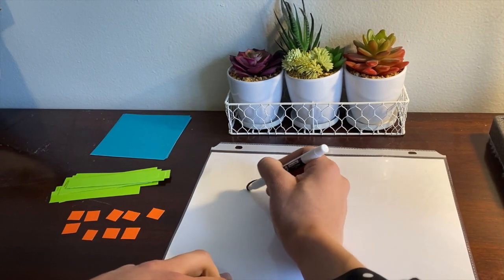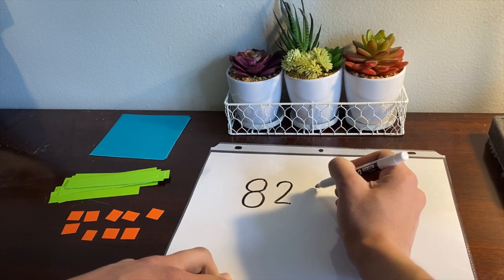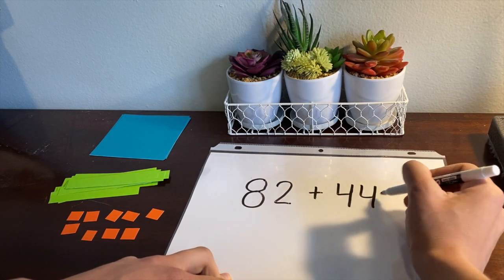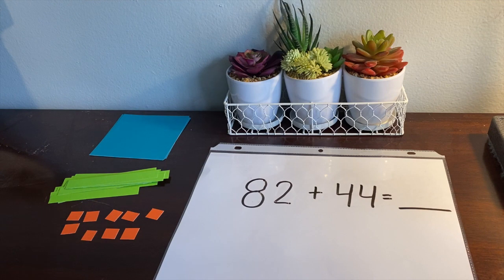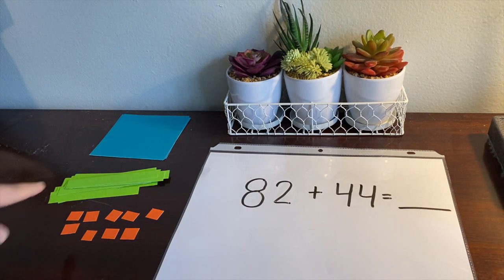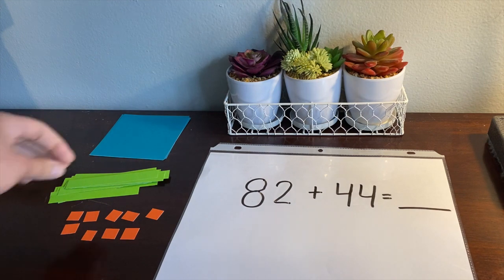Try this one. 82 plus 44. Whoa, I noticed that there is a digit in the tens and the ones place in both numbers, so we'll be using a lot of our 10 sticks and our ones to solve this math fact.